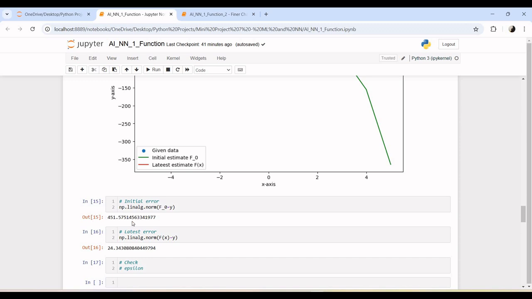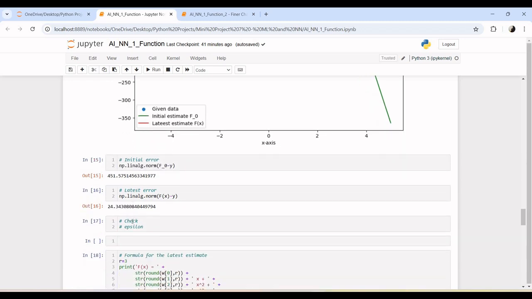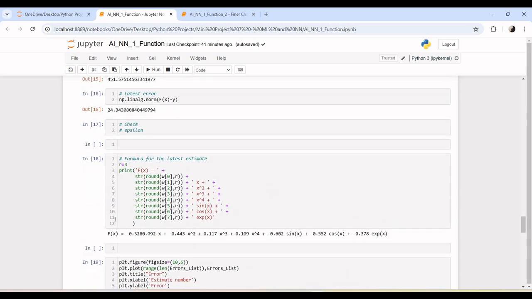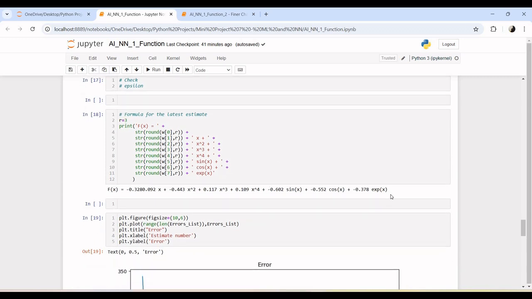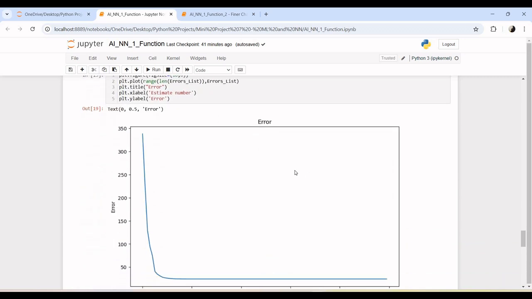And our initial error was 451.58, and after 100 iterations of optimizing our weights, we have a latest error of 24.34, and this is our current estimate for the relationship between x and y. So this is our current linear combination.